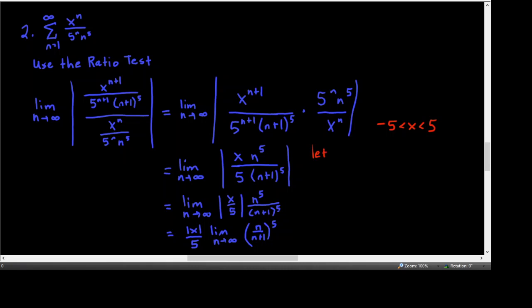So I'm going to let x equal -5. And I'm going to substitute in for the x in the series formulation. I'm going to substitute in a -5 where that x is. So -5 to the nth over 5 to the nth times n to the 5th.